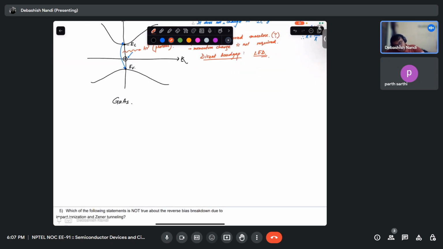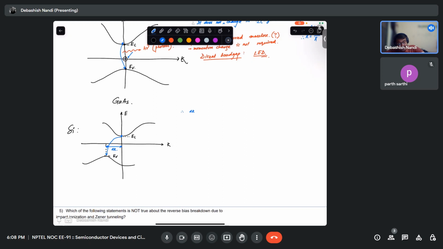And what about your silicon? It is an indirect band gap semiconductor, so it will be something like this. This is your K and this is your energy. So the EC minimum and EV maximum do not lie at the same crystal symmetry point or K value. So from this place to this place, you need a change of delta K also.